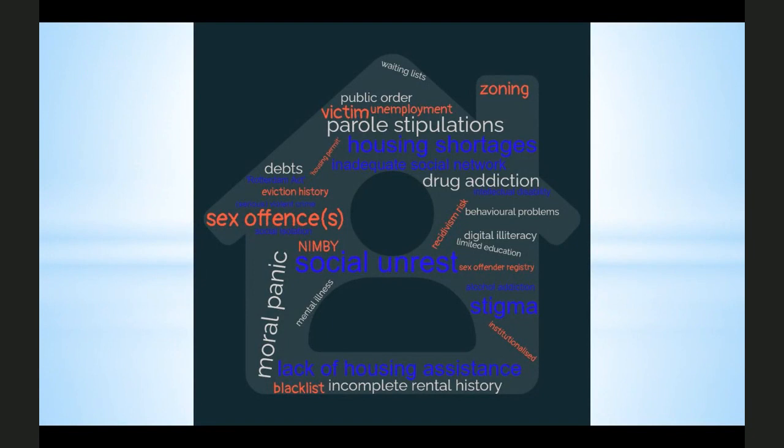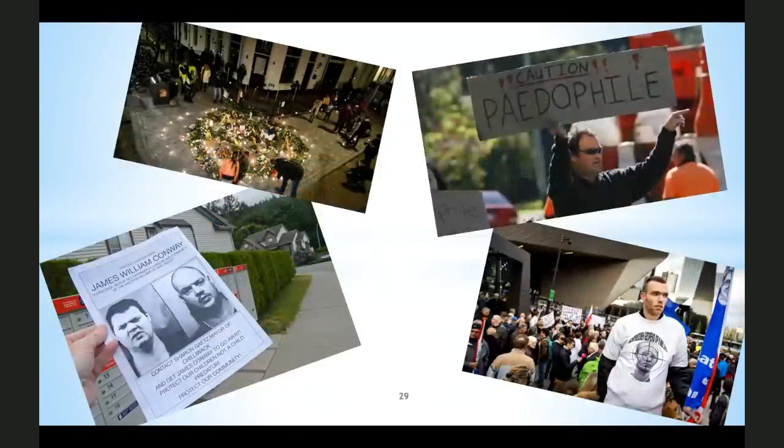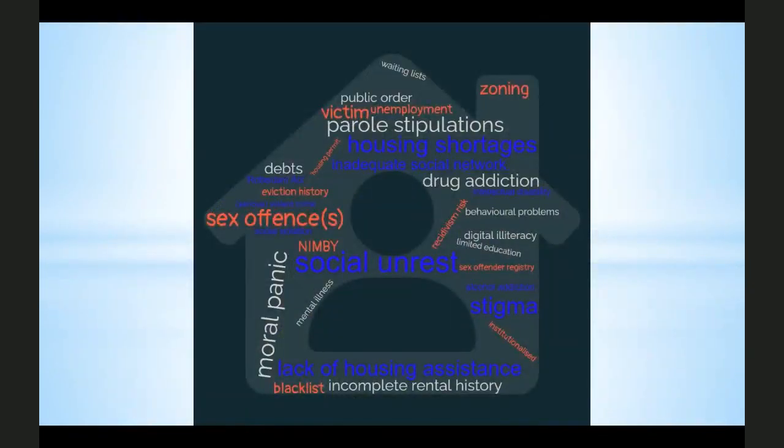Ex-offenders face common issues such as housing shortages, which are quite general in the Western world, or digital illiteracy, which Andrei will talk about later on, but also very specific problems such as substance abuse, parole stipulations, stigma, blacklisting by property owners. And one particular phenomenon affecting ex-offenders' access to housing that I will be focusing on in this presentation is social unrest.